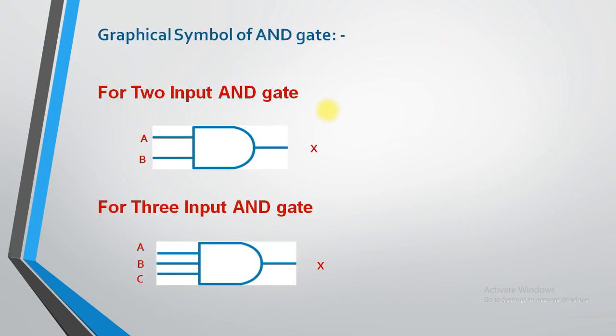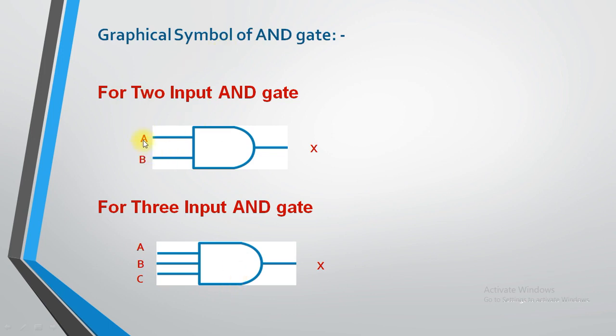This is the graphical symbol of the AND gate. This particular symbol is known as the AND gate. Over here I have taken two images of the graphical symbol.